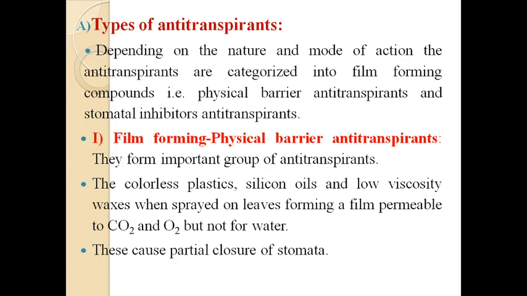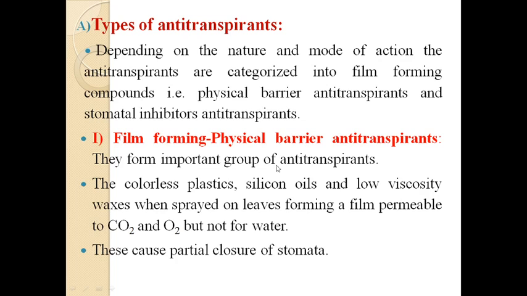Depending on the nature and mode of action, antitranspirants are categorized into film forming compounds, that is, physical barrier antitranspirants, and stomatal inhibitor antitranspirants. This is the second type. The first is type 1, film forming physical barrier antitranspirants.